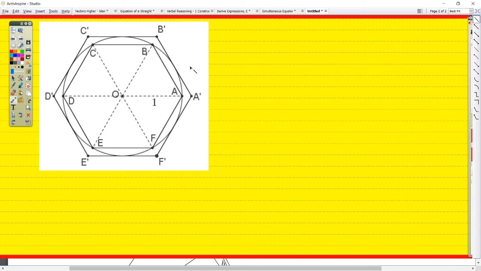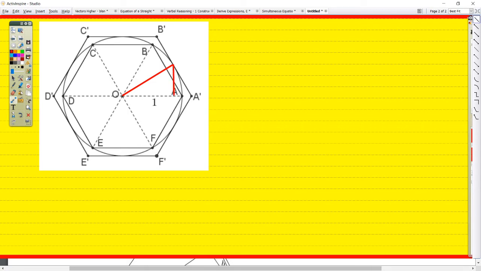Or you could do a right angle triangle from O to the midpoint to B dash. But no, you wouldn't know the length. If it was a right angled triangle, it would have to go straight down or something.